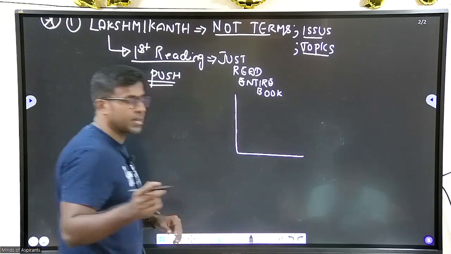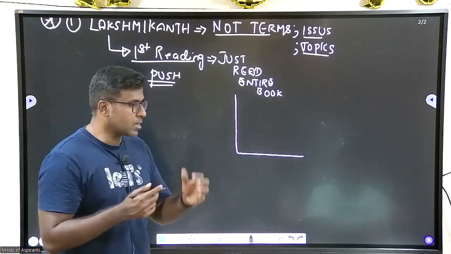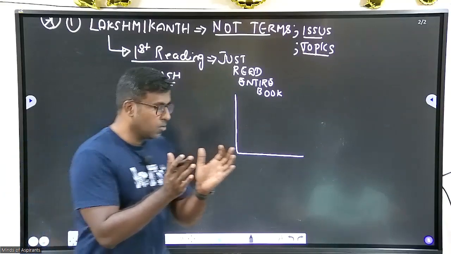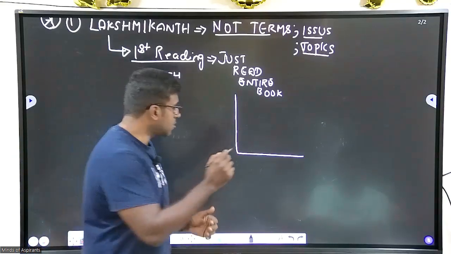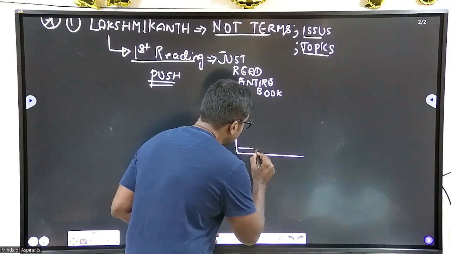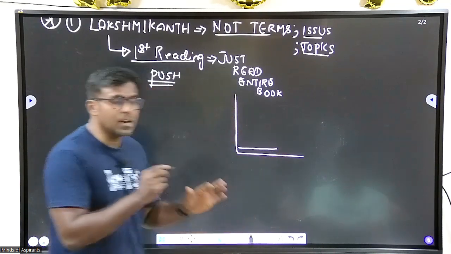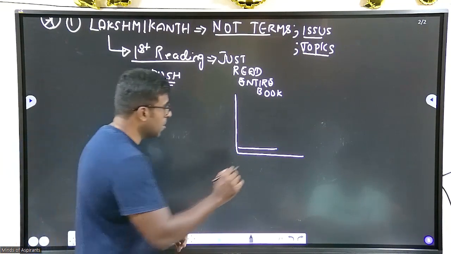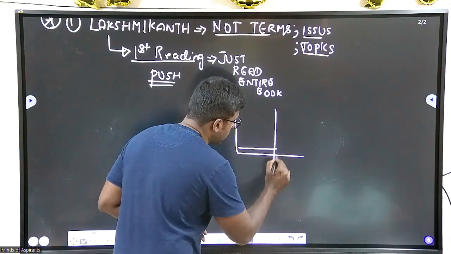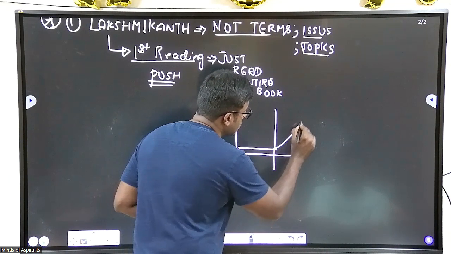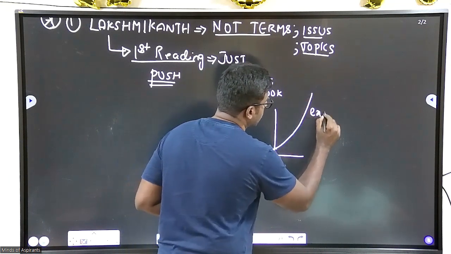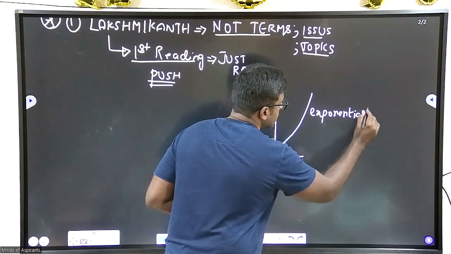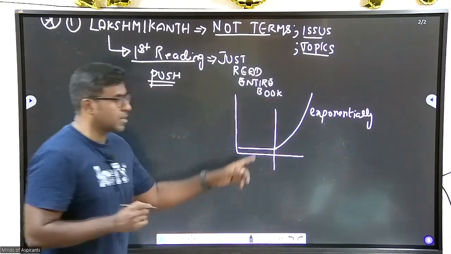Anyone who has studied engineering will know the threshold current in a diode or transistor. The current will be flat like this for a very long time, but once this threshold is reached, the current grows exponentially. It does not grow linearly. It grows exponentially. This is how it grows.